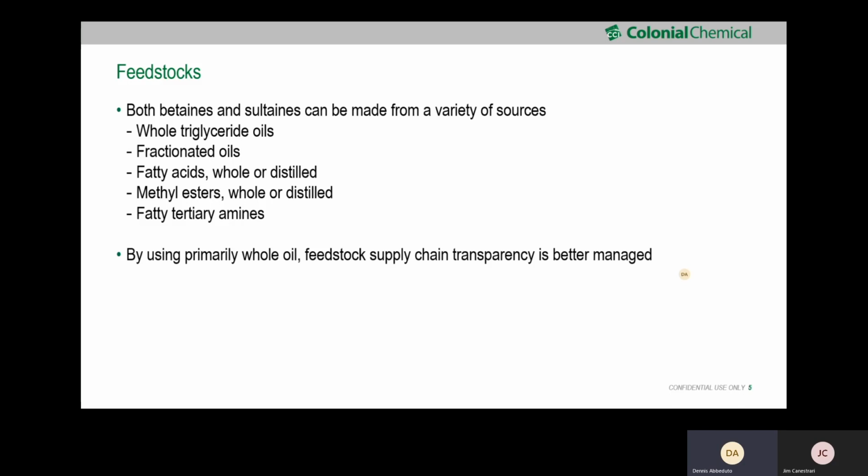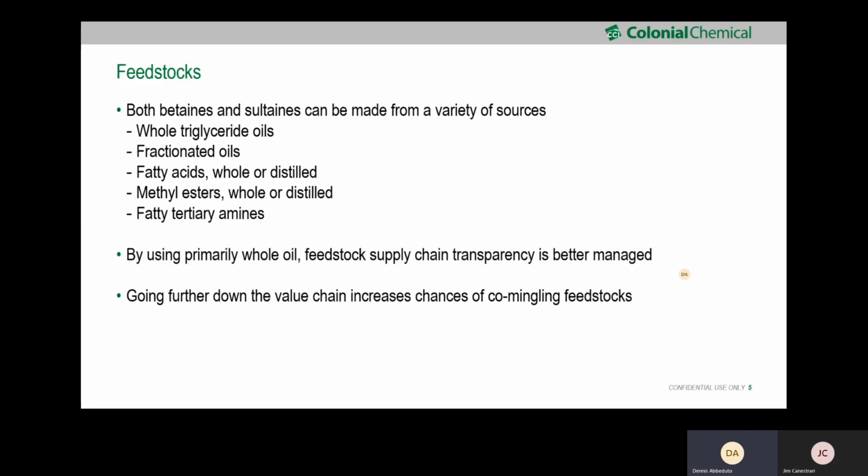But the main thing to note is that by using primarily our whole oil, the feedstock supply chain transparency is better managed. We're bringing in complete triglyceride oils. We're confident of the identity of that oil, making sure that it's exactly what we think that it is.